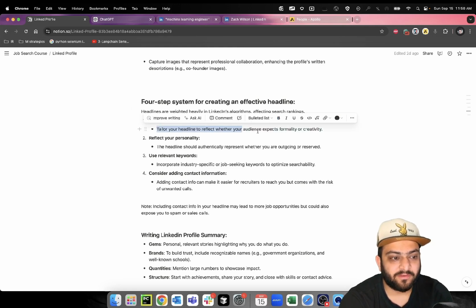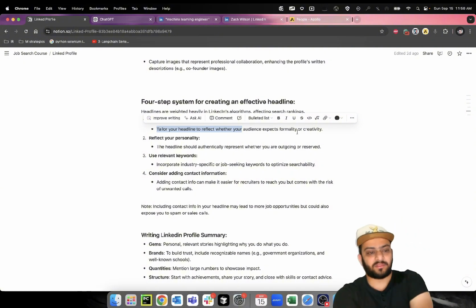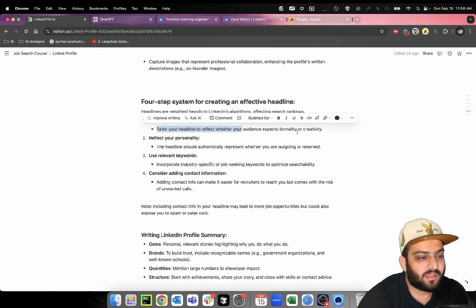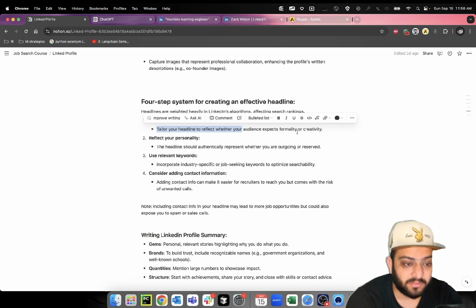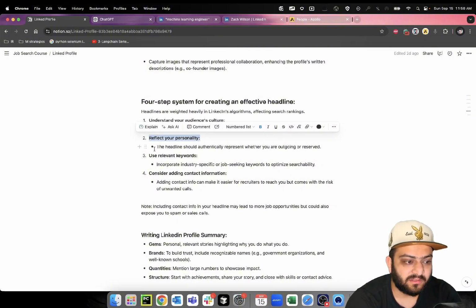Tailor your headline to reflect whether the audience expects formality or creativity. That makes sense, right? In general, you want to put a headline that helps the recruiter find things about you, understand you, and basically tells them who you are, right? Reflect your personality.